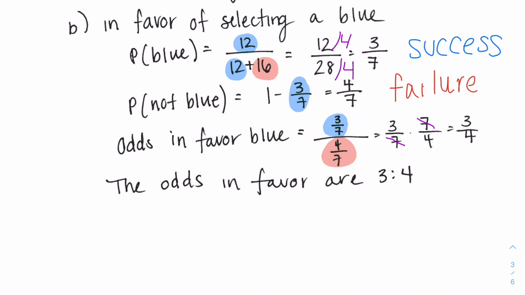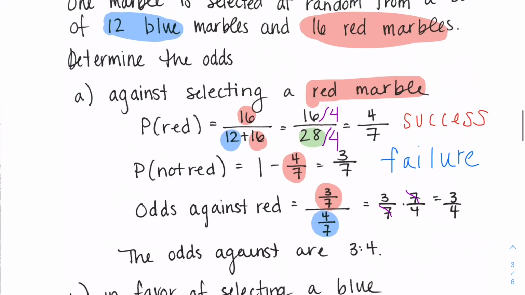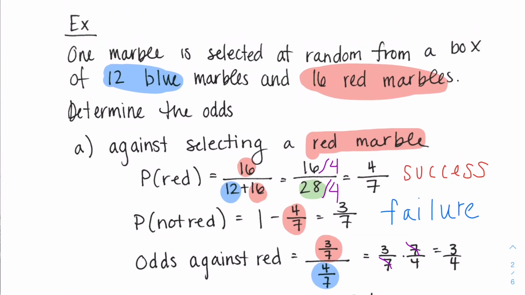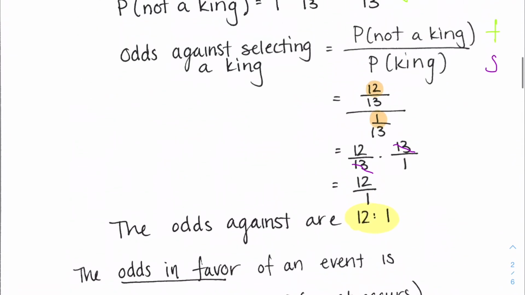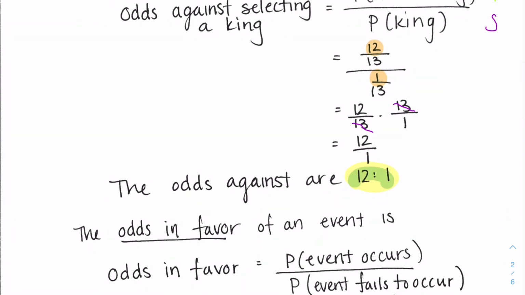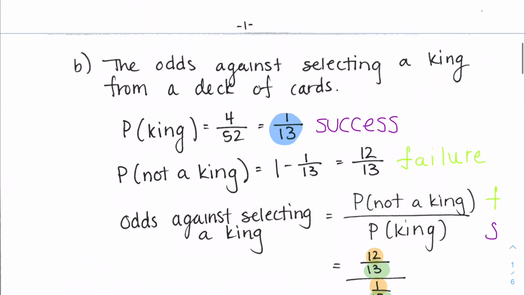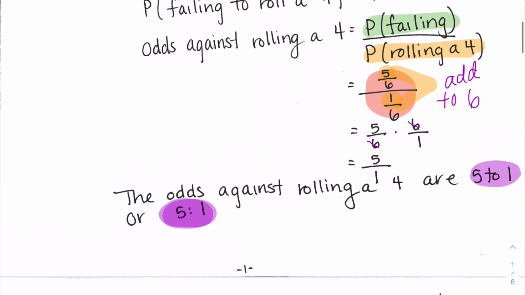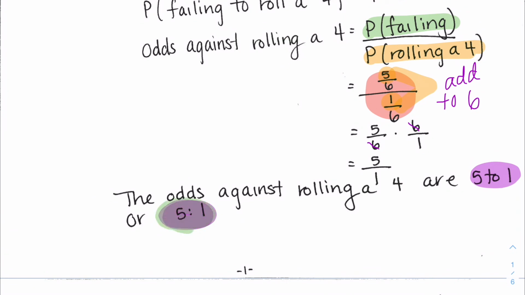The 3 and 4 added up to the 7, which was our common denominator. We go up to the previous examples as well. The 12 and 1 added up to 13, which was our denominator. And then the 5 and 1 added up to 6, which was our denominator.